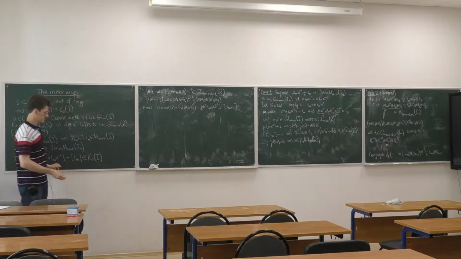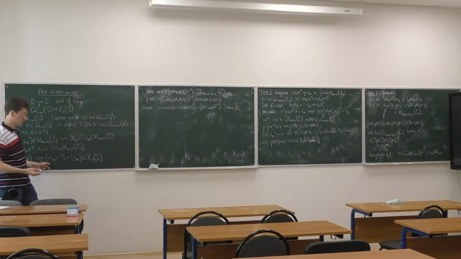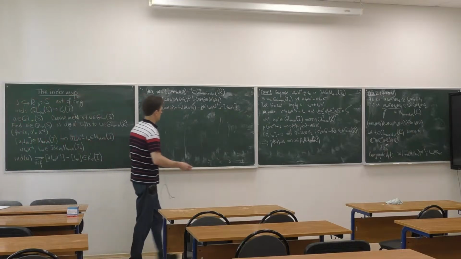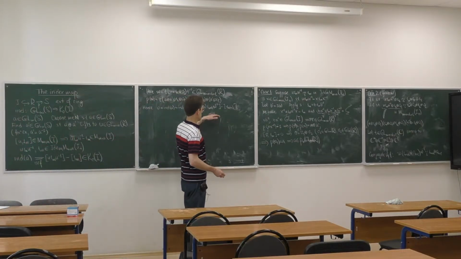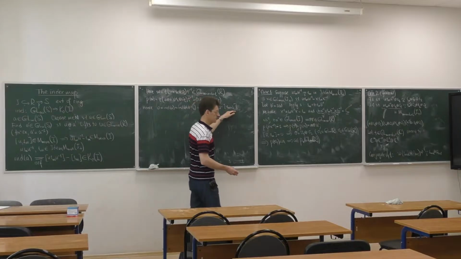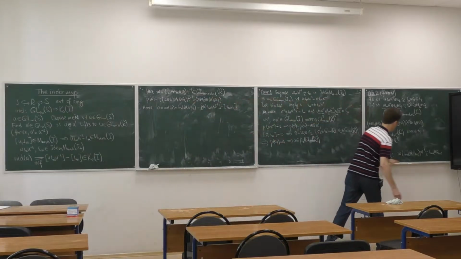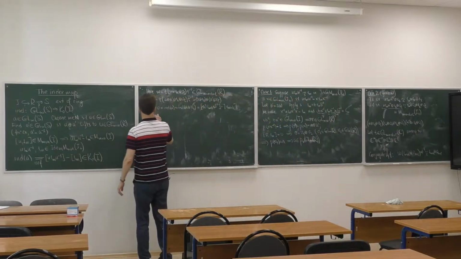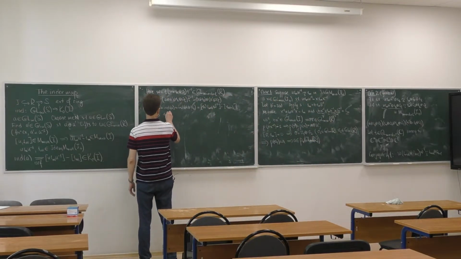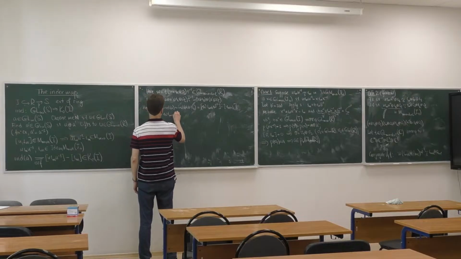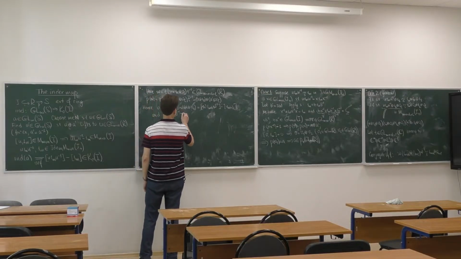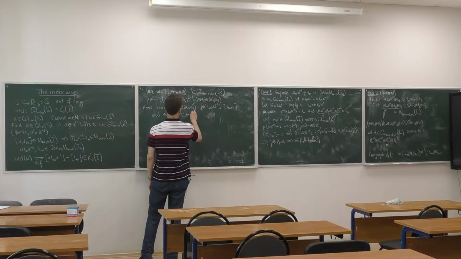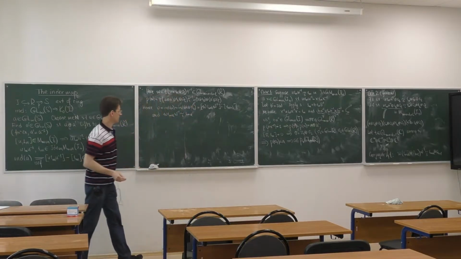Just look here. We replace A by A plus 1K and replace U by W. And why is it better? This is better because these two matrices are already similar. And so we have reduced everything to case 1.